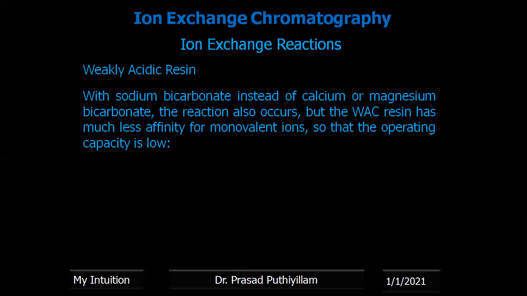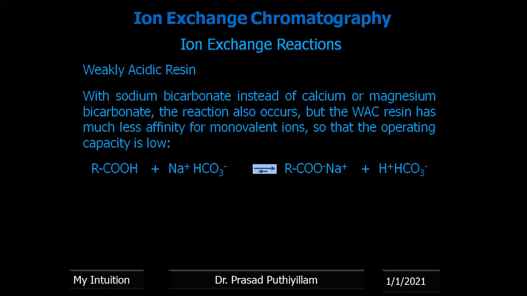With sodium bicarbonate instead of calcium or magnesium bicarbonate, the reaction also occurs, but this weakly acidic resin has much less affinity for monovalent ions, so the operating capacity is low. RCOOH + Na+ + HCO3- gives, in a reversible reaction, RCOO- Na+ + H+ HCO3-.